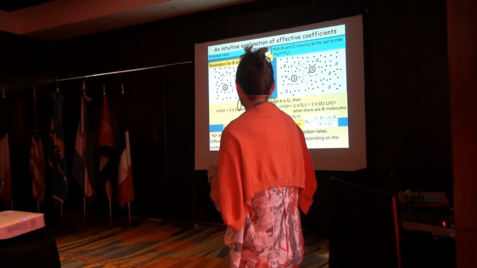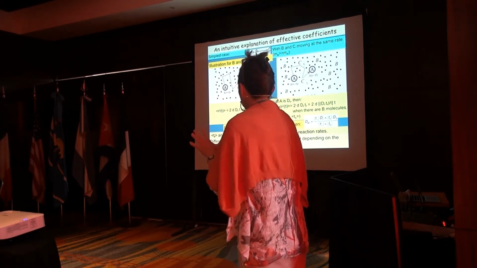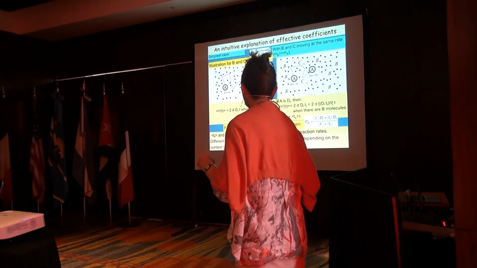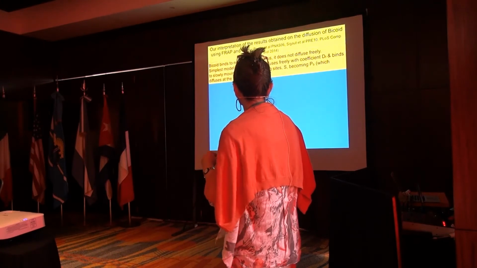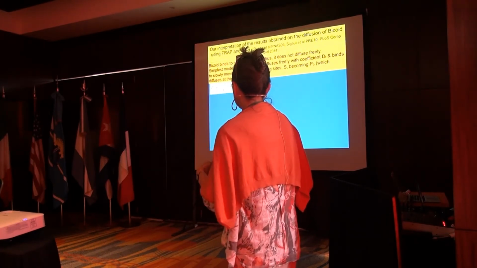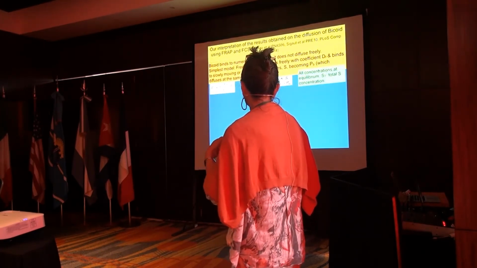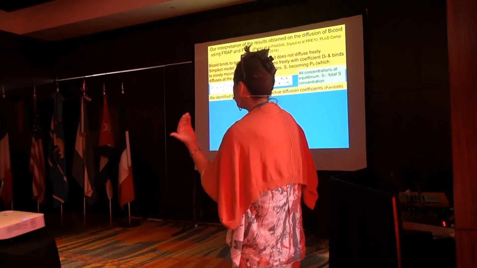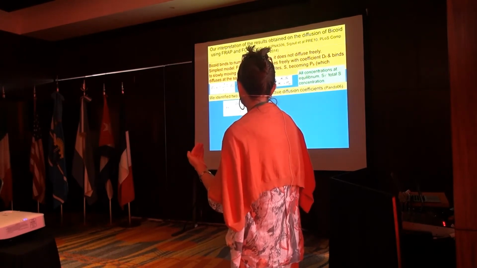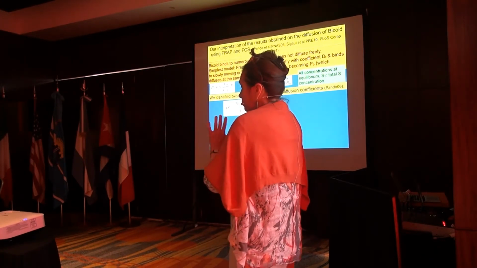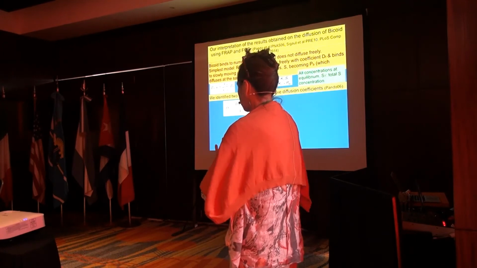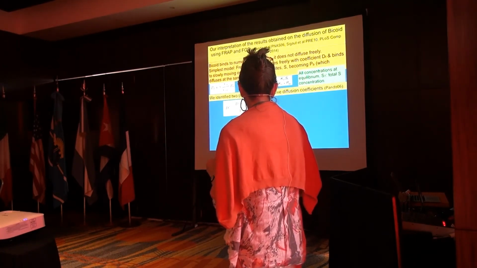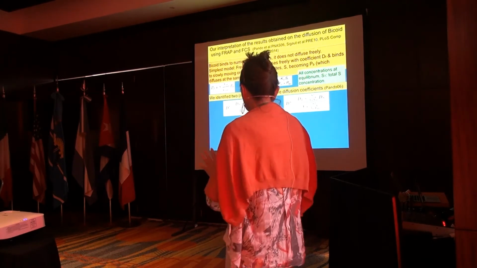The thing is that you can have more than one of these effective diffusion coefficients. And basically the conclusion that we arrived at by analyzing what you do in FRAP and in fluorescence correlation spectroscopy is that there are two types of effective diffusion coefficients. One is a weighted average between the two diffusion coefficients, the free one and the one of the binding sites, and another is a different weighted average.